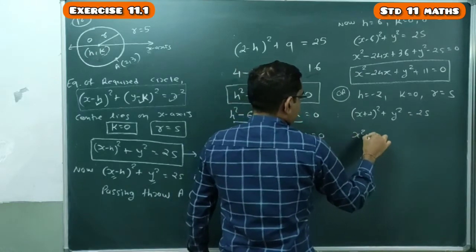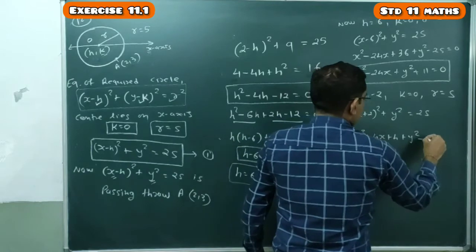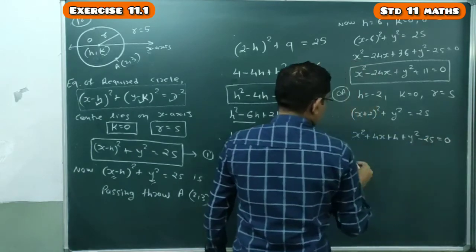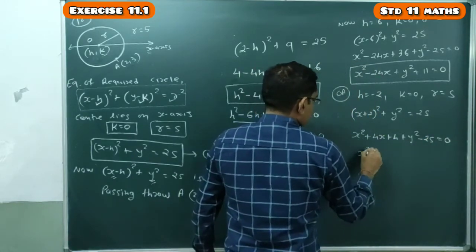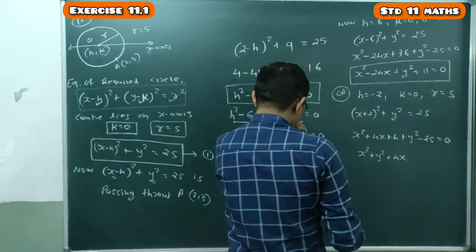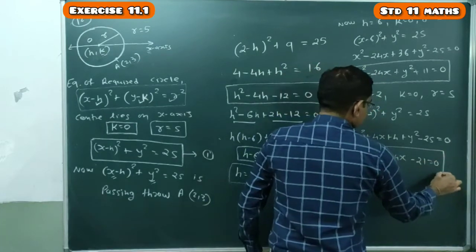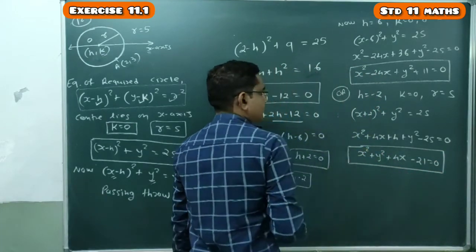Therefore x square plus 4x plus 4 plus y square minus 25 equal to 0. So this one is x square plus y square plus 4x minus 21 equal to 0. This is the second possible equation of the circle.